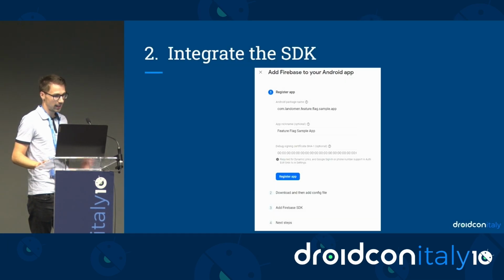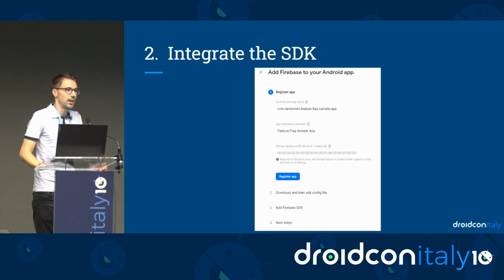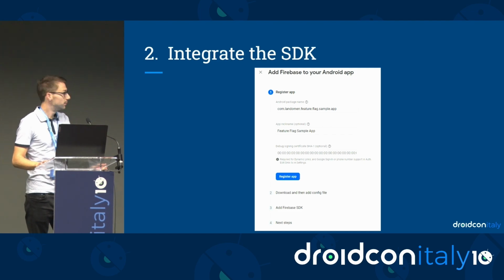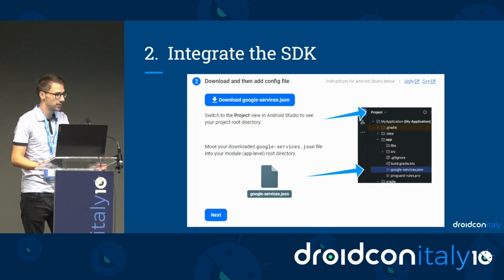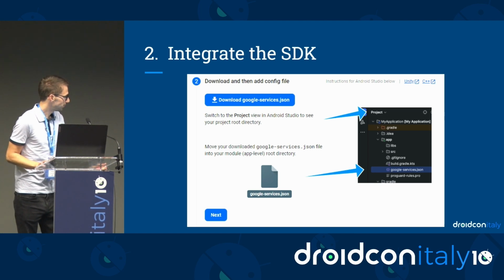Then to actually integrate the SDK, you need to define your package name. You need to provide the fingerprint of your app, so it's more secure. And then that generates a Google Services JSON, which you add to your app.